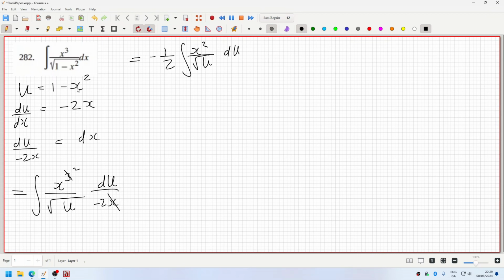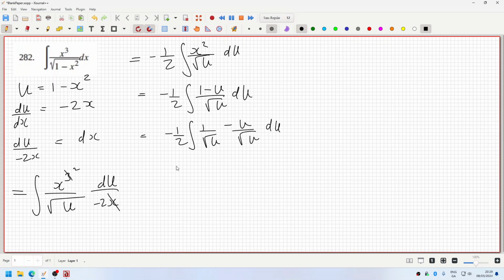But x squared is 1 minus u. So 1 minus u over root u du, which is minus a half integration of 1 over root u minus u over root u du. That's equal to minus a half, u power minus a half minus root u du.